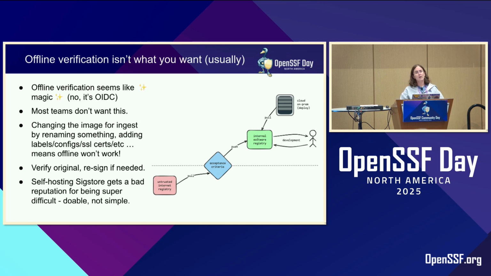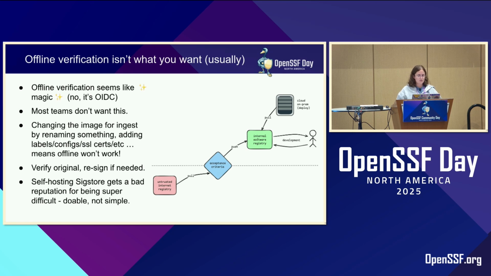When you have an artifact signed with OIDC, all of the information needed to verify that without connectivity to Rekor exists on the image, so long as you move the TUF root over as well, which is a very simple process. However, because you are changing the image when you are ingesting that image, that actually doesn't do what you think it does. So verify down here, bring it in, do whatever you need on the high side.